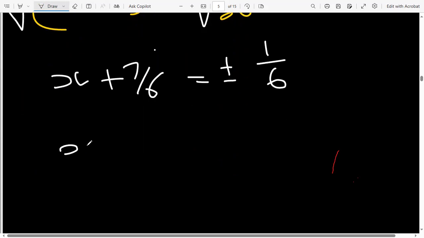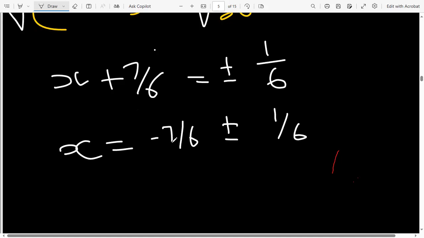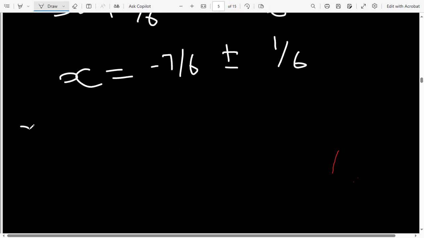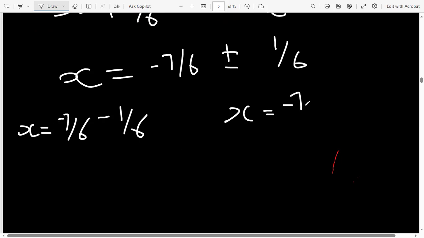Okay, so our x will be equal to minus 7 over 6 plus or minus 1 over 6. So meaning we have 2 x's from there. So the one is minus 7 over 6 and then minus 1 over 6. Then the other one will be minus 7 over 6 and then plus 1 over 6.